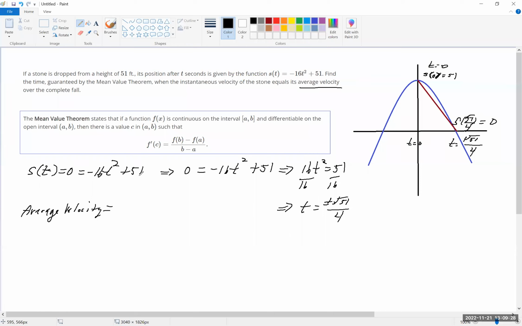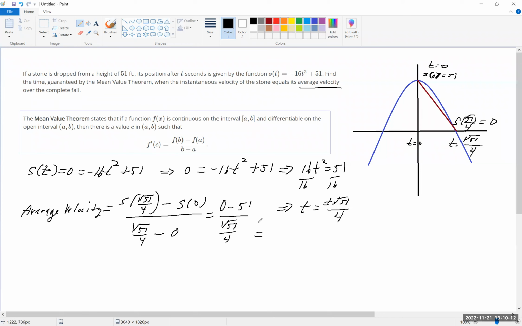So what I do is I find s of square root of 51 over 4 minus s of 0, over square root of 51 over 4 minus 0. And we already know s of root 51 over 4 is 0. We know s of 0 is 51. And then, of course, this is just square root of 51 over 4.